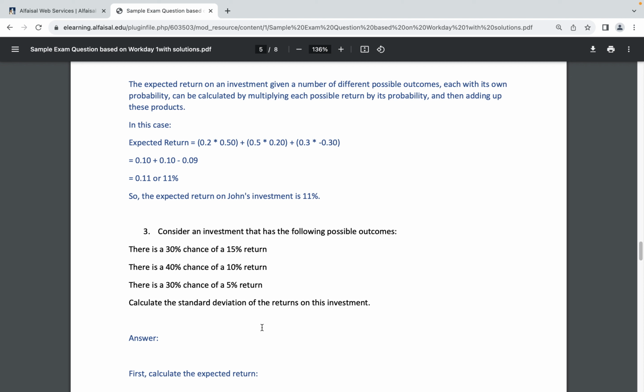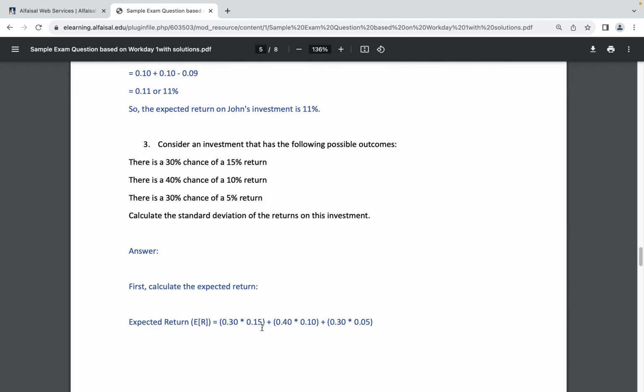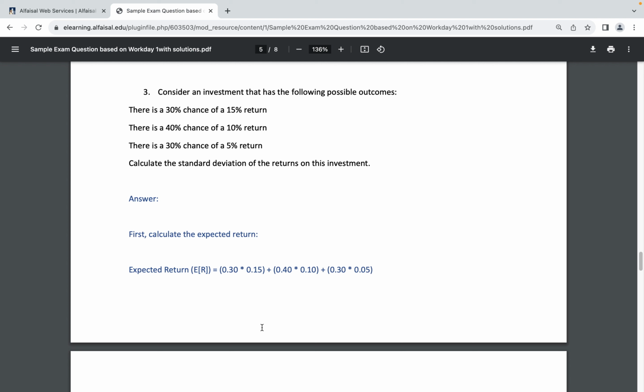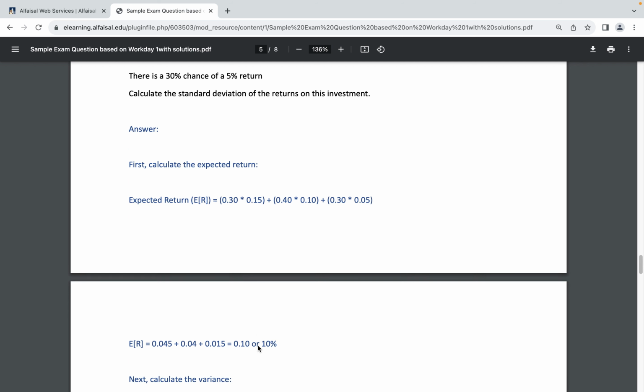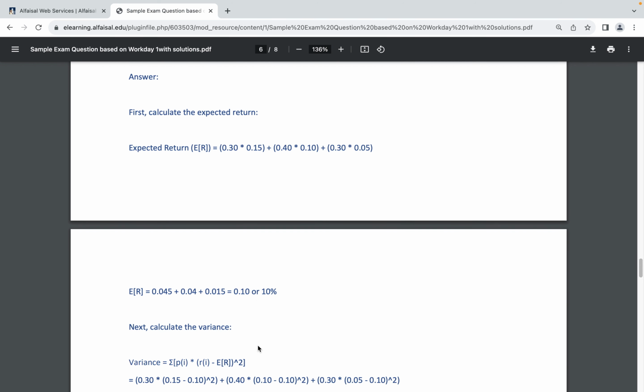So returns are given to us in percentage terms, therefore standard deviation is given to us in percentage terms. Let's calculate first the return on this investment. The expected return, or what on average we could expect, is again the probability values times the returns, adding them together for the three scenarios, and we get an expected return of 10%.